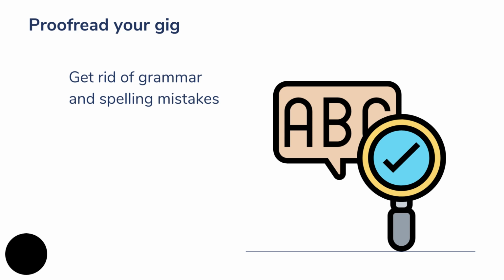A good way of checking this, you can paste your gig into a Microsoft Word document and do the spell checking. You can also try and read your text aloud. If you read your text aloud before someone, you'll be able to identify the spelling and grammar mistakes.